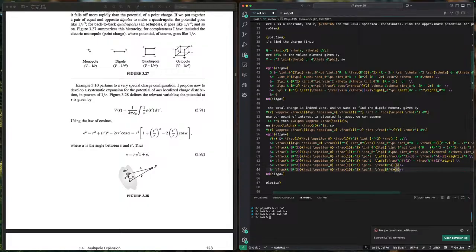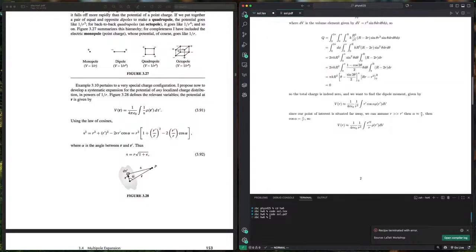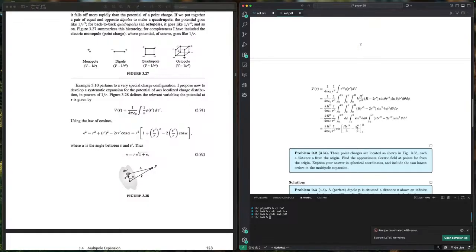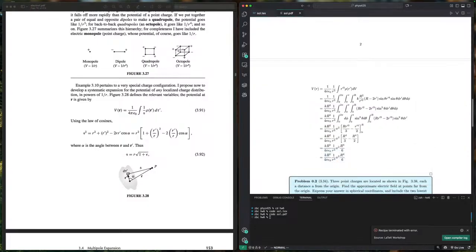And then we simplify. So the pi term cancels out, and then we get an r to the 6th term.